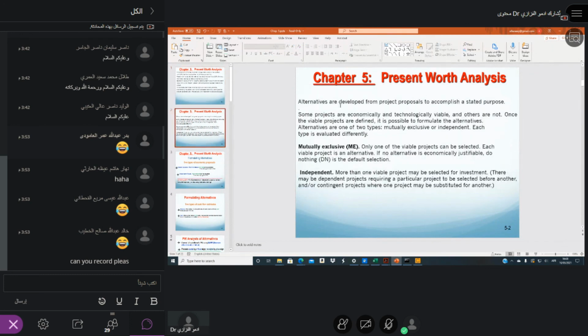So next class we will be looking at what an alternative is. We have already started discussing that, and under this we'll be looking at mutually exclusive and also independent projects. If you remember in your probability mathematics, you have mutually exclusive events and independent events, and so on. So we'll just build on that, and then discuss these two terms from an economics perspective.